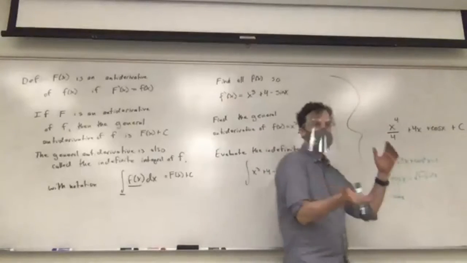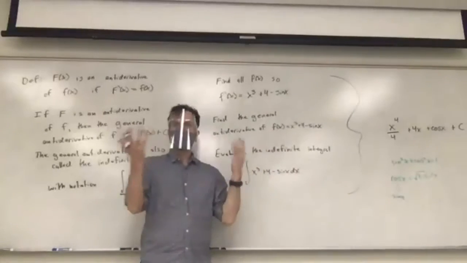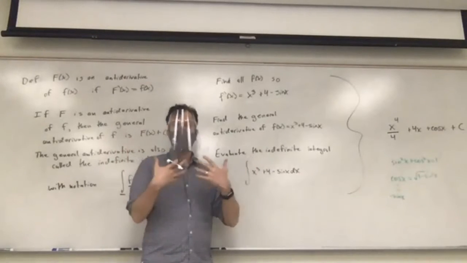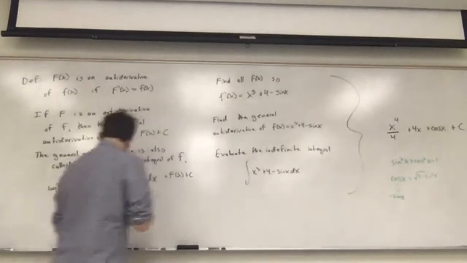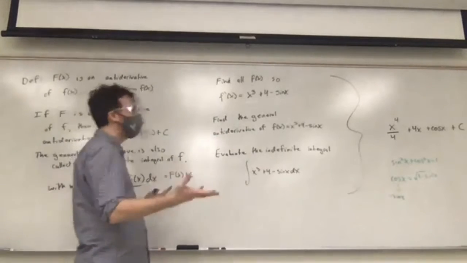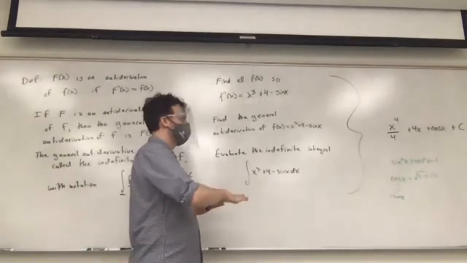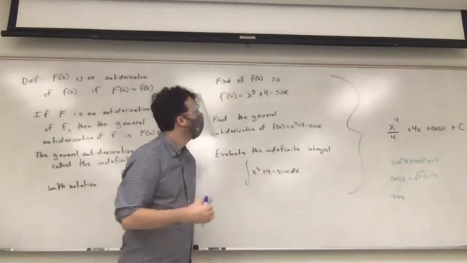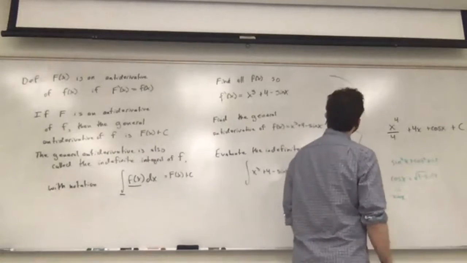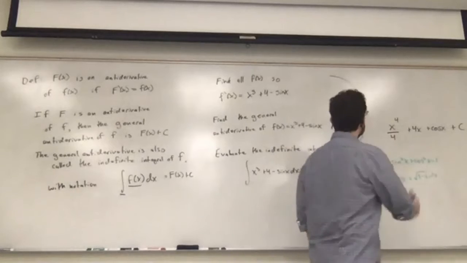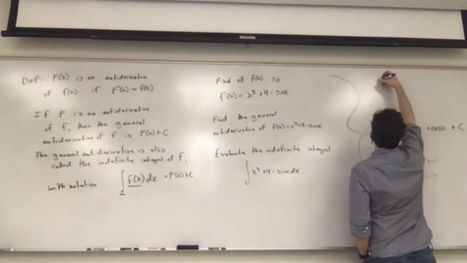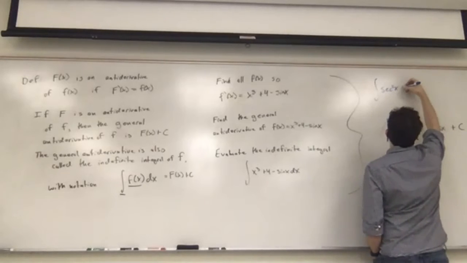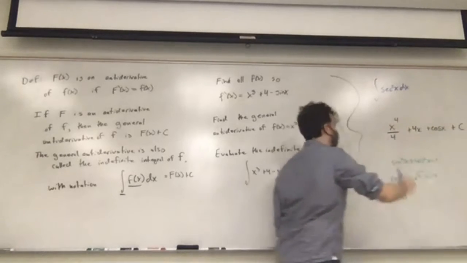So one thing that can happen is you have two functions which look different, but are actually the same. Here's an example of that, which we won't go too far with: what is the integral of secant squared?